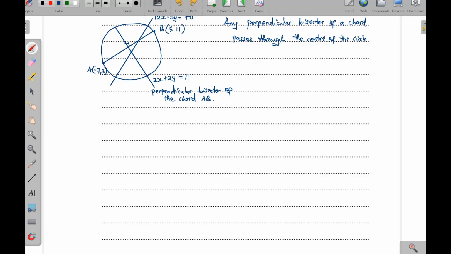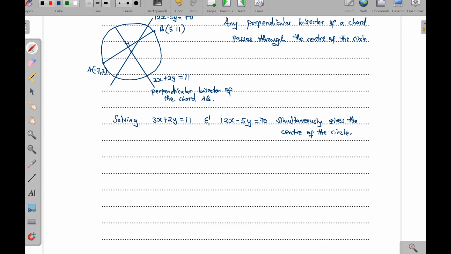So solving 3x plus 2y is equal to 11 and 12x minus 5y is equal to 70 simultaneously gives the center of the circle.